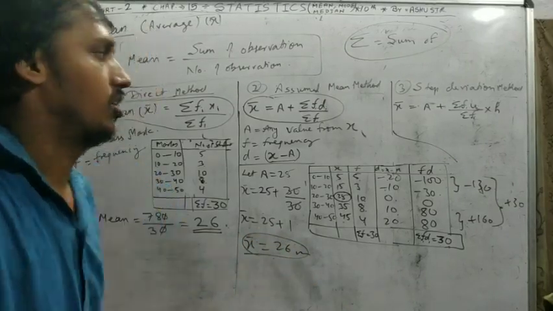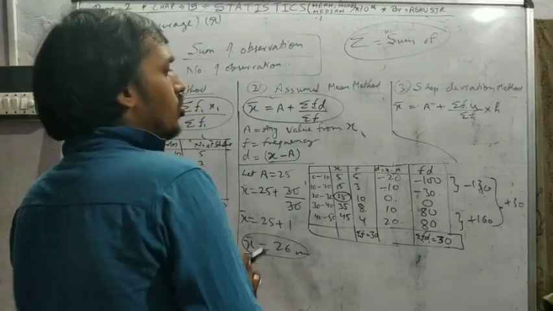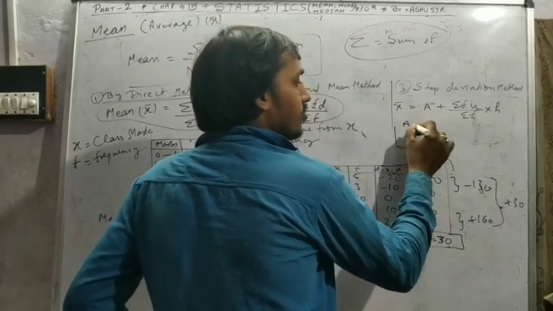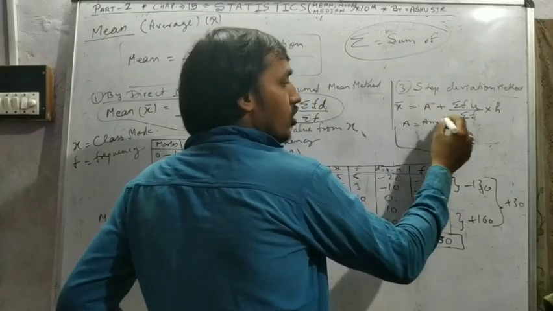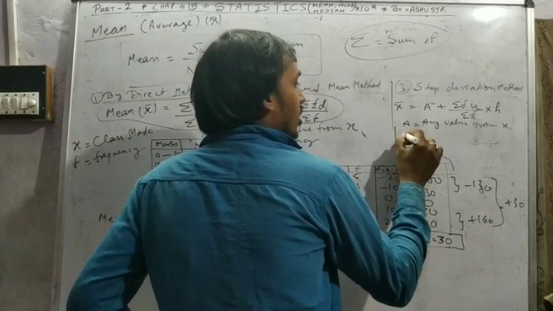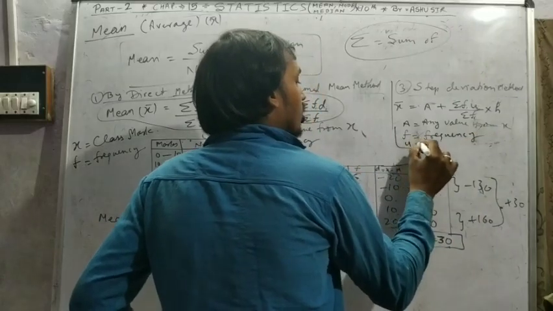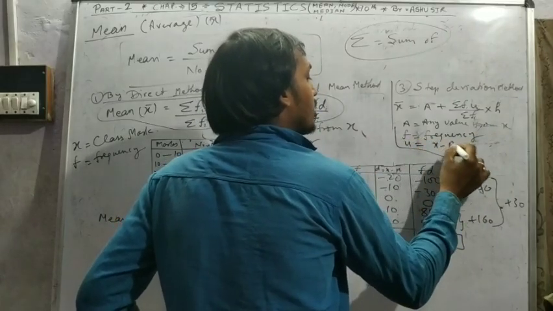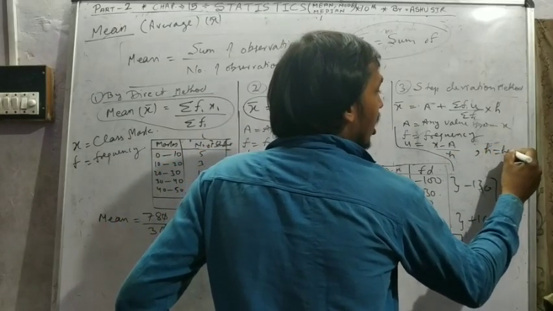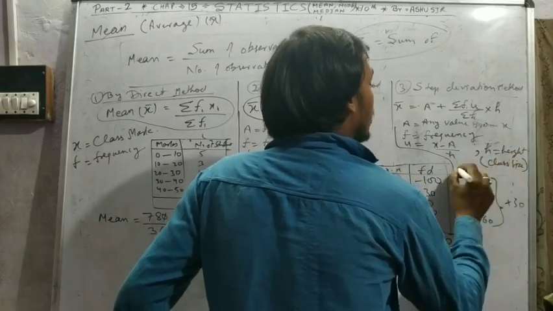Now the step deviation method. We will explain it roughly, and solve one question for you. A is the same, an assumed value from x, meaning any value from x. F you know, the frequency. U is x minus a by h, where h is the height, or you can say class size.